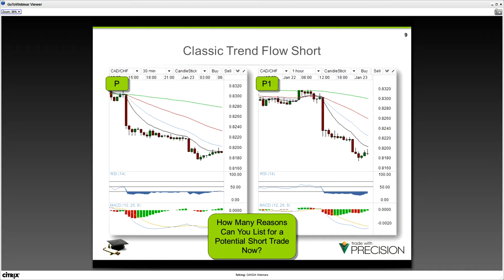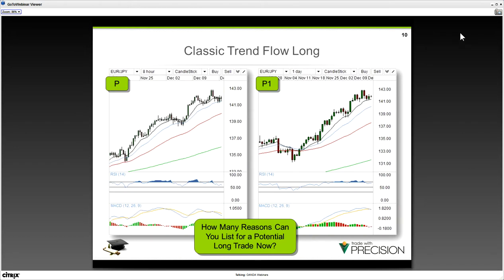Then another look at a trend flow strategy going long right here. We have an optimal chart structure again, predictable price action to the upside, successive higher highs and higher lows to form this price action structure. Multiple time frames are confirming the same trend direction, and the indicators look very bullish as well.